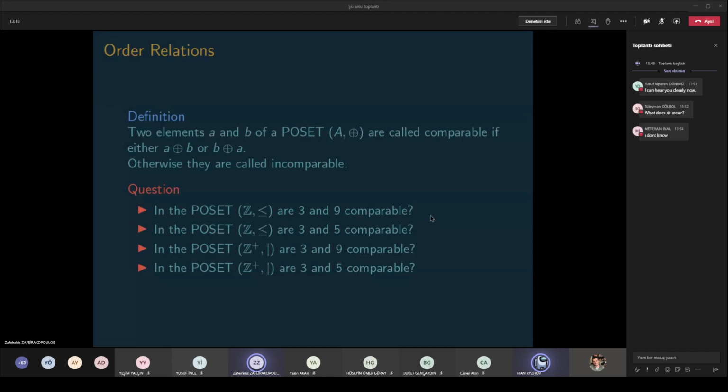The relation contains every pair, right? So 3 is smaller than 5 and 5 is smaller than 3 with respect to the relation, because 5 divides 3 in the rational numbers.